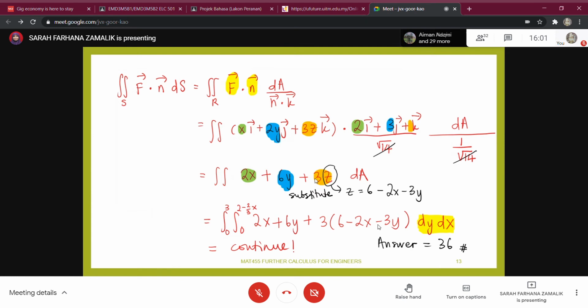So that's why z dekat sini you must substitute z with, mana datang z ni? Mana datang z equation ni? Tetrahedron. Yes.